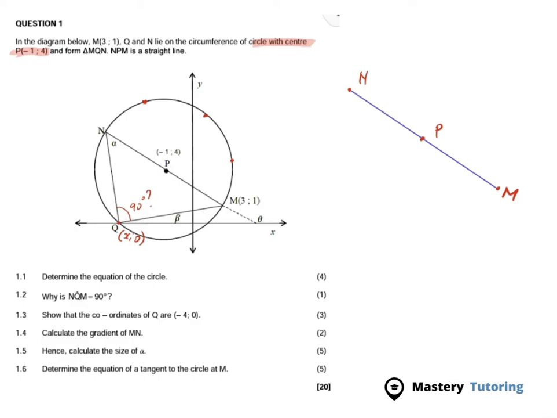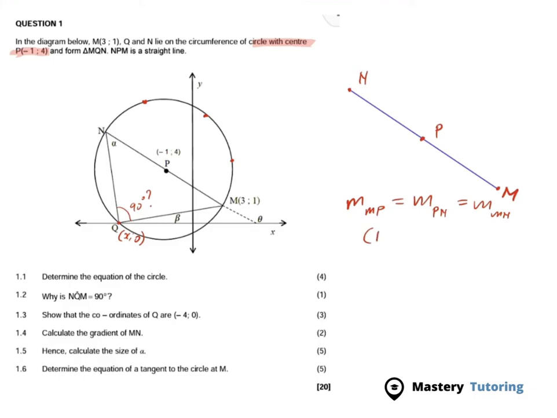Collinear points means the gradient of PM should be the same as the gradient of NP, which must also be the same as the gradient of NM. So MP must be the same as MPN, which must be the same as MN.